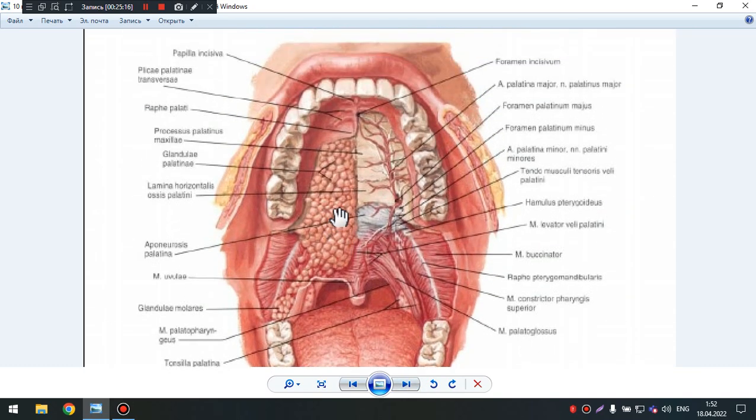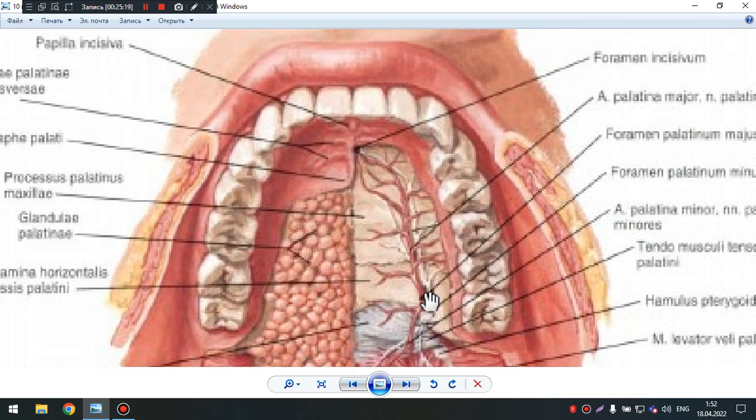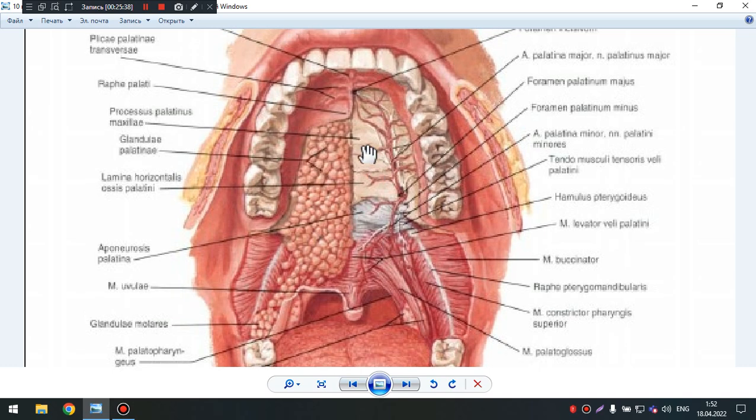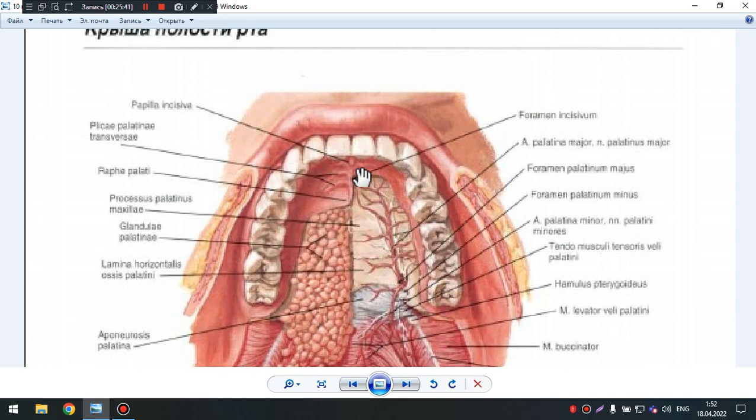On the hard palate we can see, inside the greater palatine canal, the descending palatine artery going down. Blood supplies the hard palate bones, mucosa of the hard palate. It gives, through the foramen incisivum, the incisive artery.